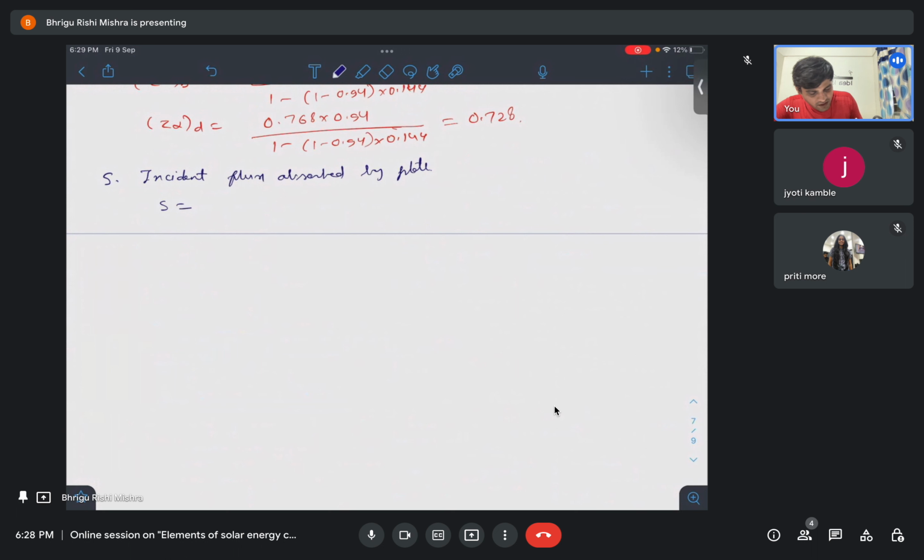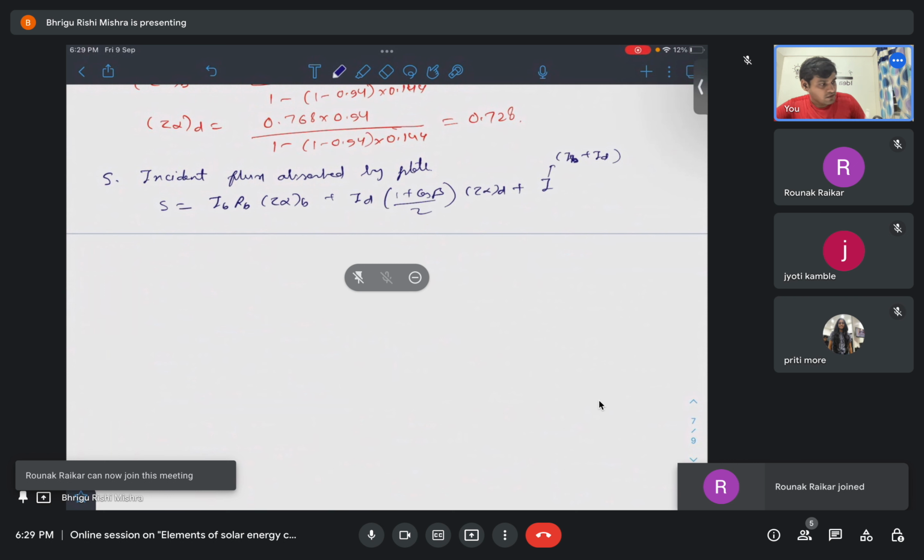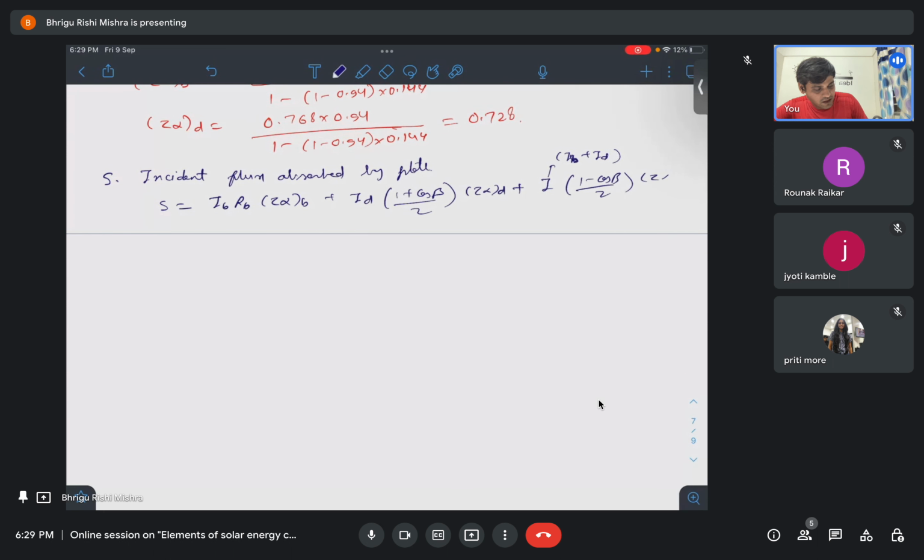The formula for S is IB RB tau alpha b plus ID into (1 plus cos beta)/2 into tau alpha d plus I, which is nothing but IB plus ID, into (1 minus cos beta)/2 and again tau alpha d.